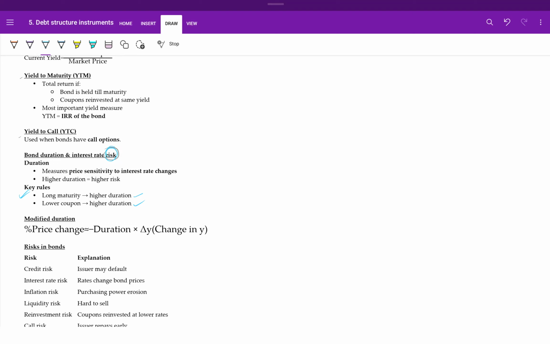And higher duration represents higher risk. So long-term bonds are more sensitive to rate changes. Think about how.